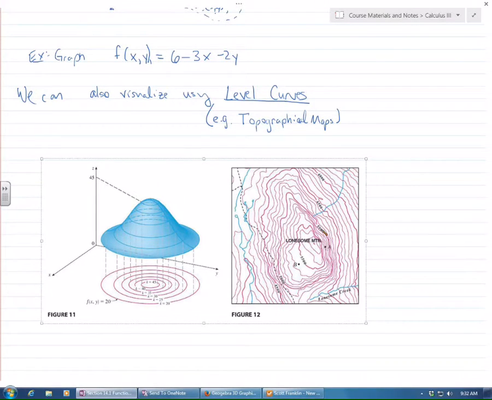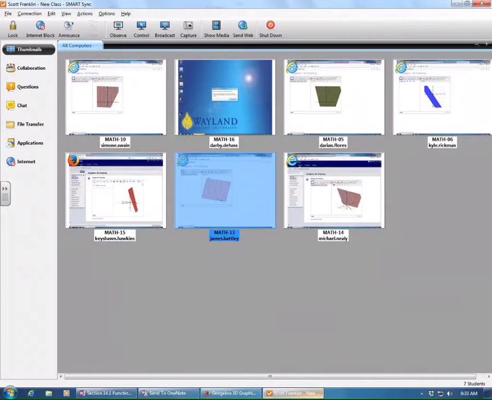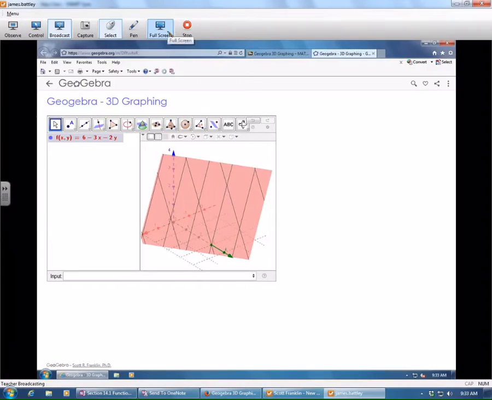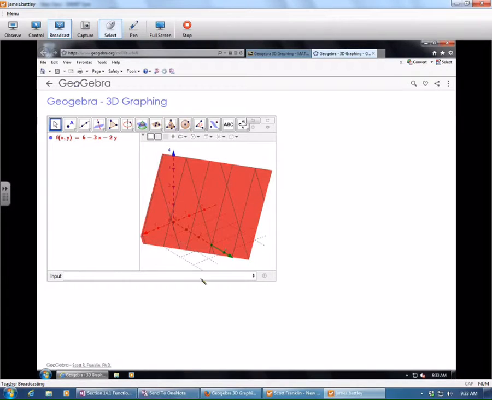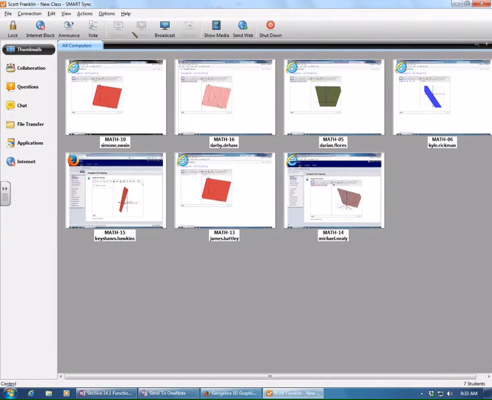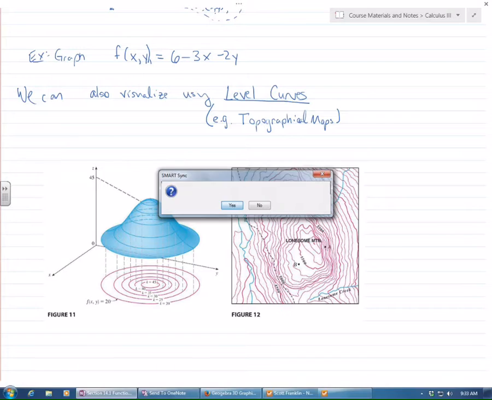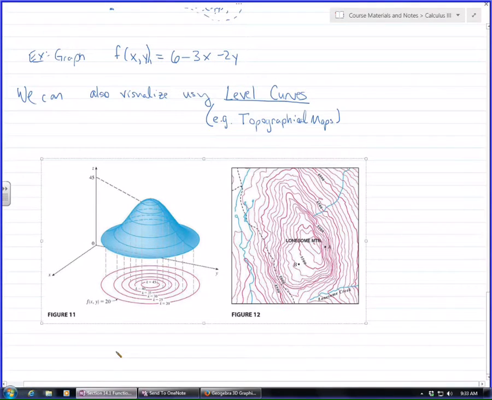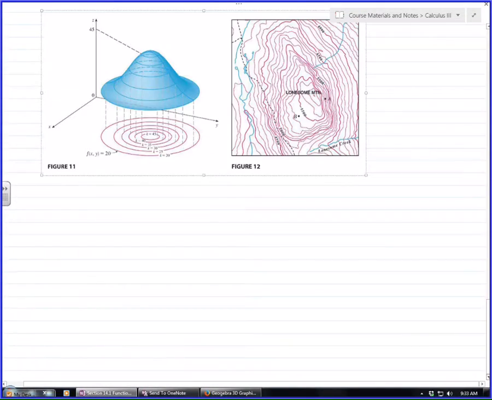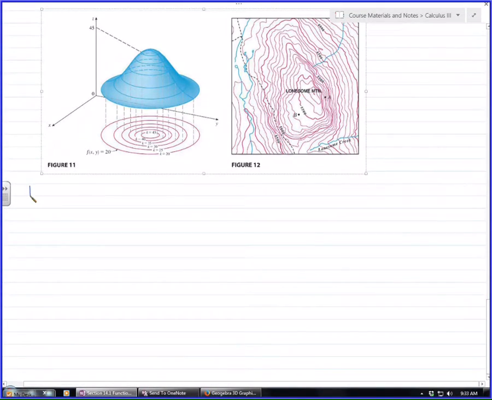So the definition of a level curve, I'm going to take over your computers again. Oh, that's not what I wanted to do. There we go. Okay. So let me formally define level curves for you.